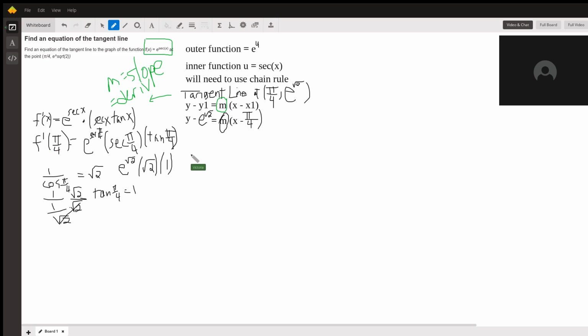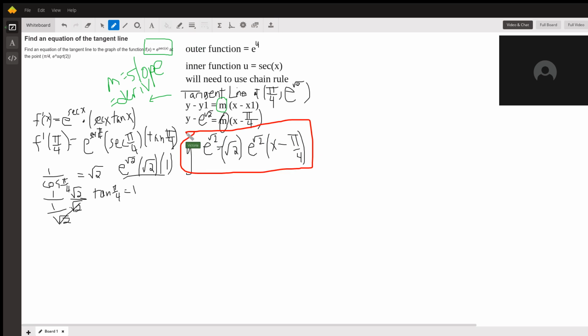So this becomes y minus e to the square root of 2 equals the slope, which we get from here, is the square root of 2 times e to the square root of 2, and then times x minus pi over 4. Now, that's the answer in point slope form right here.